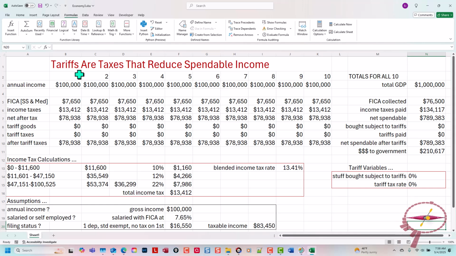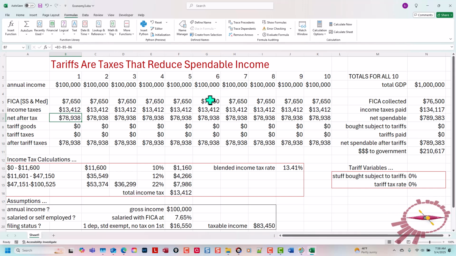By the way, we have 10 individuals listed here, but we only need to focus on the one. The $100,000 salary is offset by FICA taxes, in this case $7,650, because our FICA tax rate is 7.65%. Then there's the computed income tax, $13,412, and that gives us a net after-tax spendable income of $78,938.